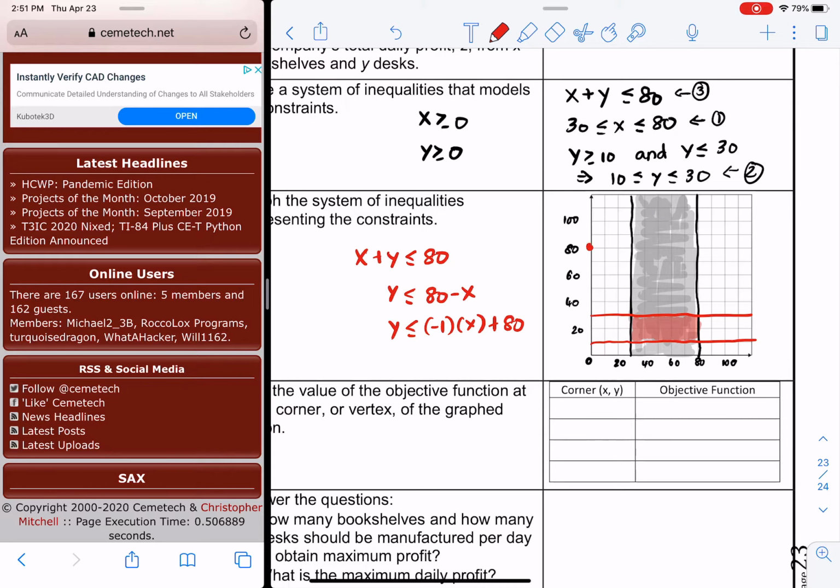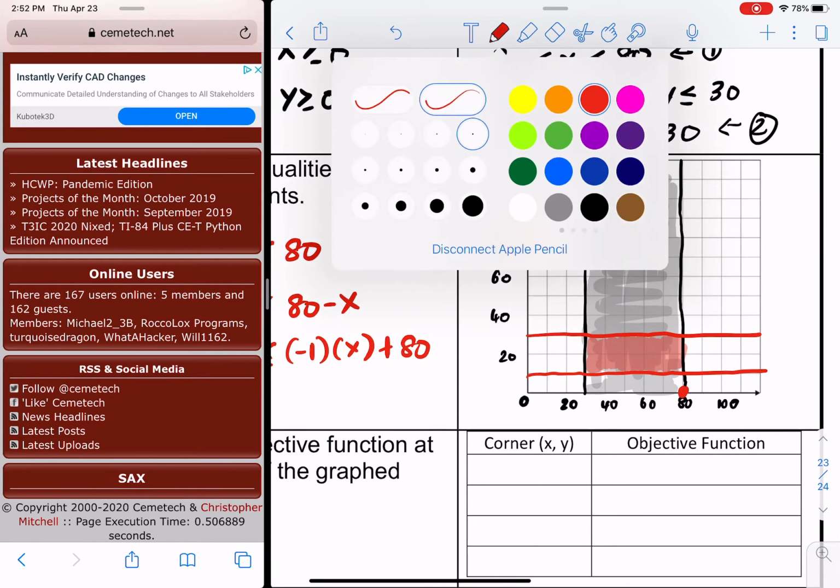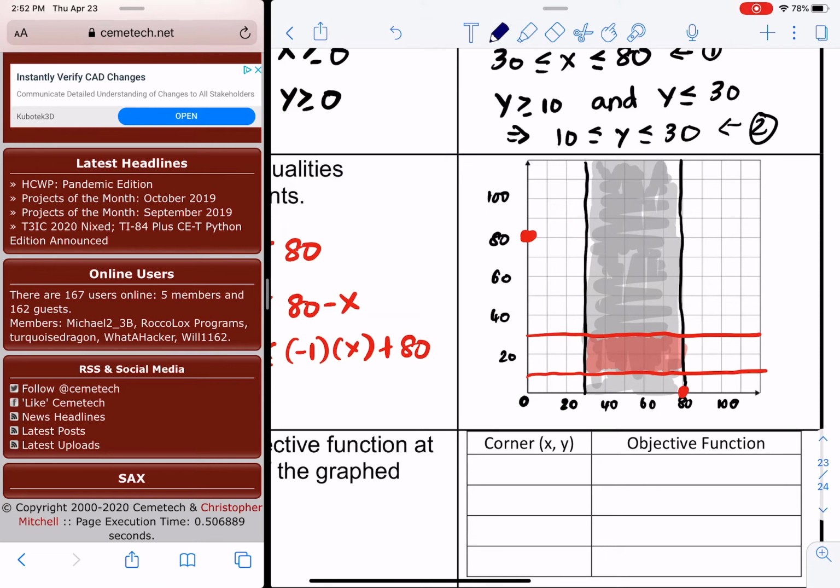So 80 is the y-intercept, and the x-intercept would be right here. And we can draw a line through.